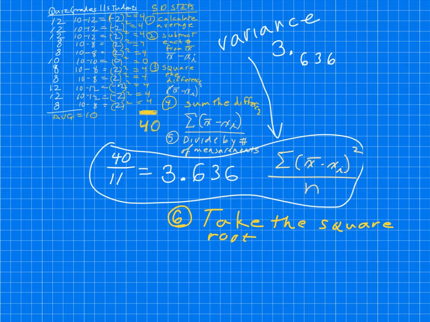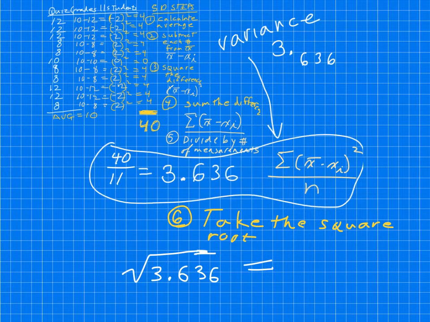We take the square root. So, square root 3.636, and that's going to give us... Full disclosure, at home gamers, I've kept the number from my last answer in my calculator, so I haven't taken it out, so you may get a little bit different than I'm getting.